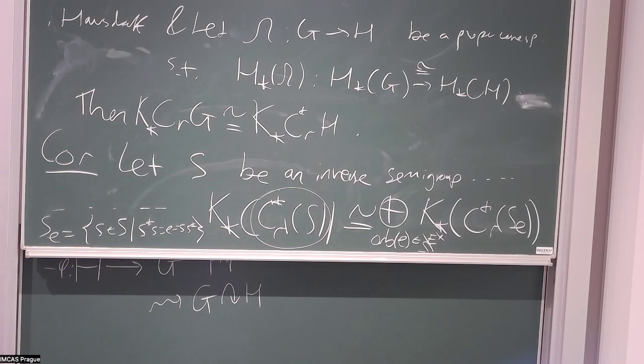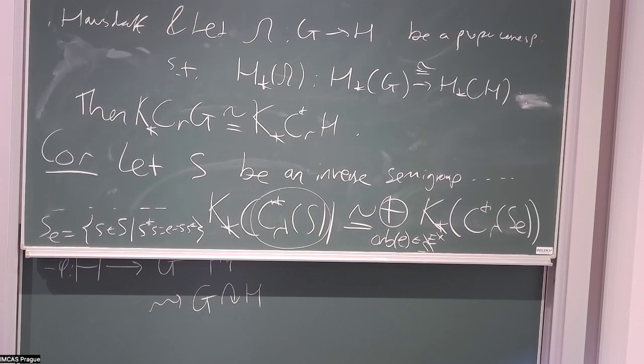It's the same as the reduced C-star algebra of the universal groupoid.